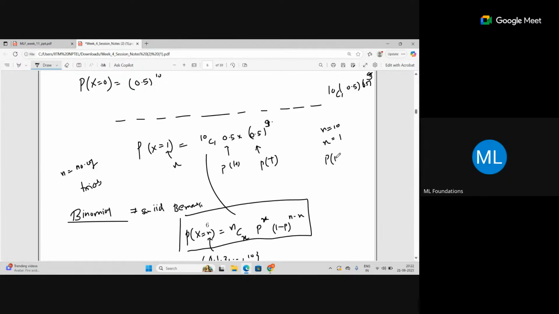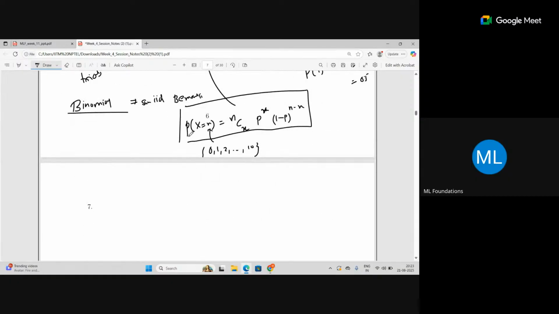In this case, the probability of head, which is p, is equal to 0.5, and the probability of getting a tail, which is 1 minus p, which is 1 minus 0.5, again was 0.5. So if you compare these two, here it was 1, and 9 I can write as 10 minus 1, which is n minus x.